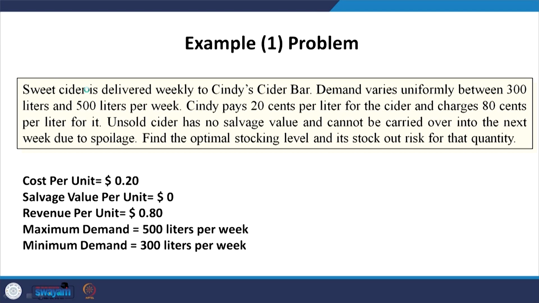Here in this particular case we have a demand which is varying uniformly between 300 liters to 500 liters per week. So, there are different levels of demand varying from 300 liters to 500 liters per week. Now, in the example of the newsboy problem, if you recall, we had different levels of demand, and those different levels of demand were arranged in a discrete manner.